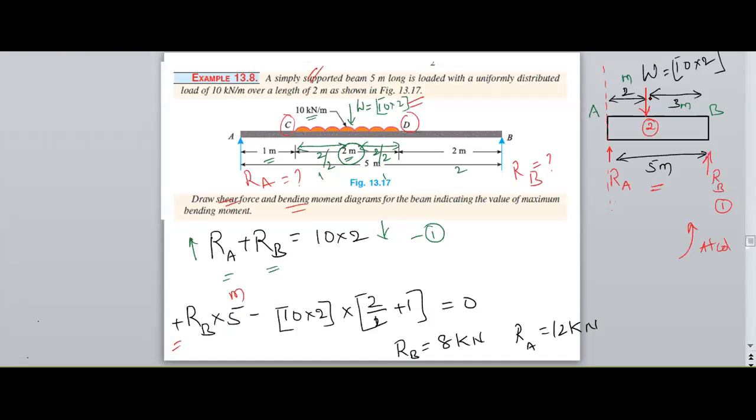Next, the second force is W, which is 10 into 2, and the distance from A is 2 meters, that is 2 by 2, again 1 plus 1, nothing but 2 meters. Therefore, substituting, I am finding the RB value as 8 kilonewtons, and substituting the RB value in equation 1, RA is equal to 12 kilonewtons.